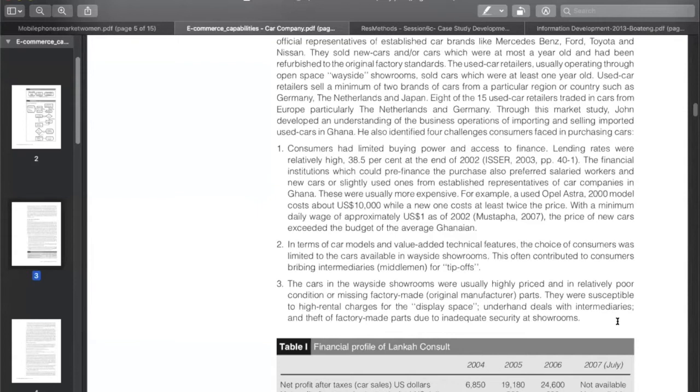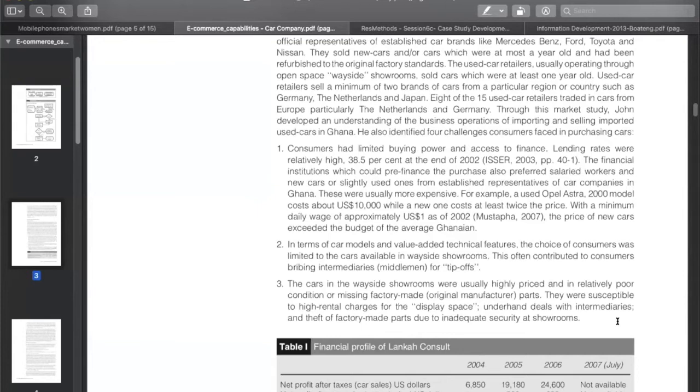They were more expensive. For example, a used Opel Astra, a 2000 model, costs about $10,000, while a new one costs at least twice the price. With a minimum daily wage of approximately $1 as of 2002, the price of new cars exceeded the budget of the average Ghanaian.